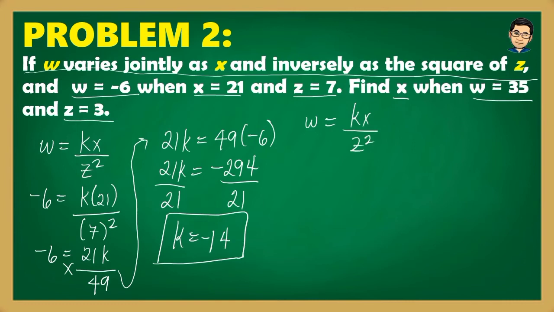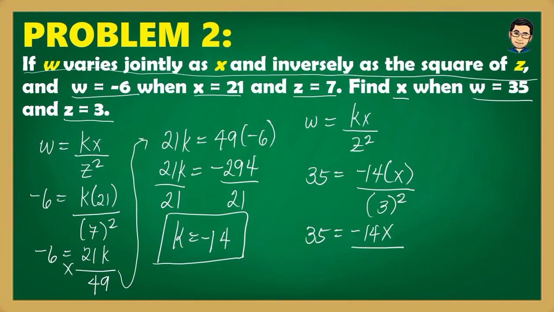So W is 35 equals the value of K, negative 14, times the value of X, yung ating missing variable, all over Z squared, so that is 3 squared. So 35 equals negative 14X all over 3 squared, that is 3 times 3, not 3 times 2. So that is 9. And then cross multiply.